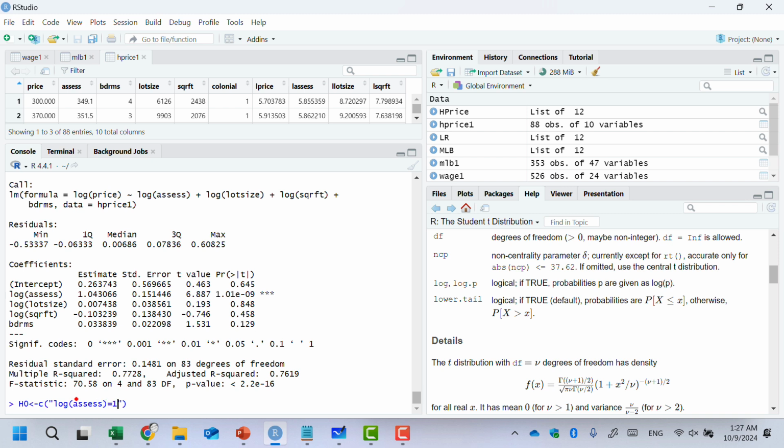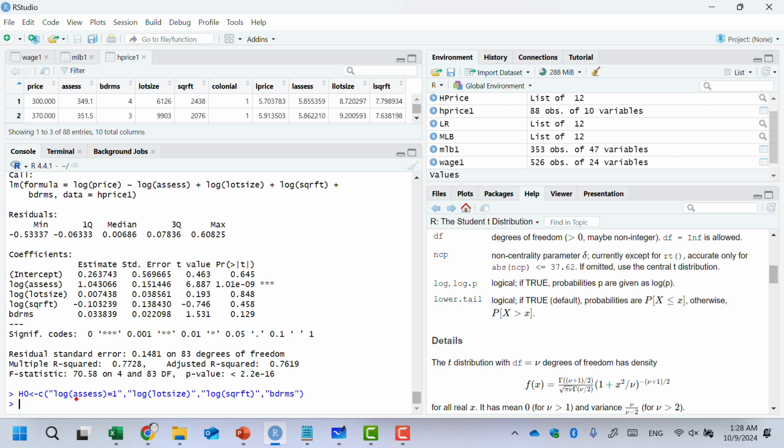Log assess equals 1, comma, and then we don't have to say 0 for log lot size; that's the default. Then sqrft, comma, bdrms.